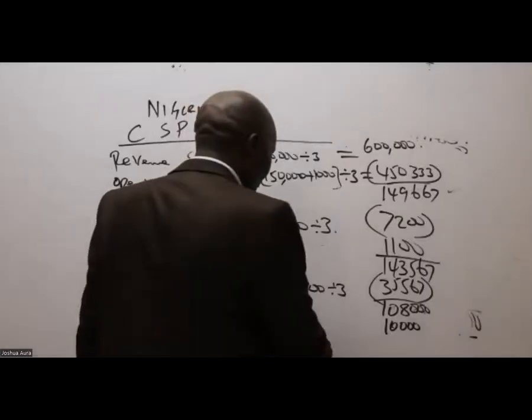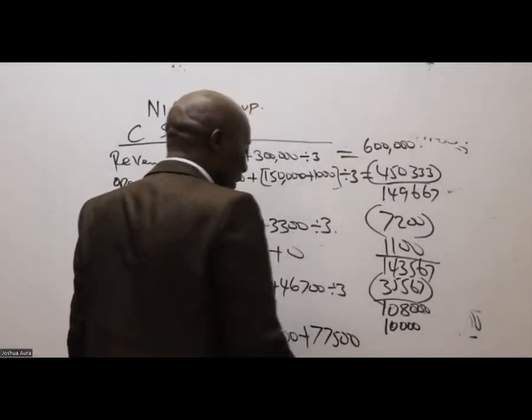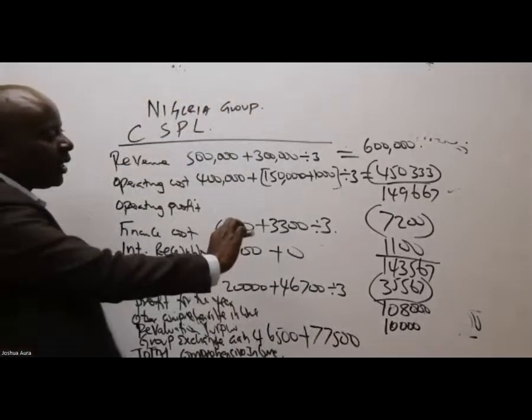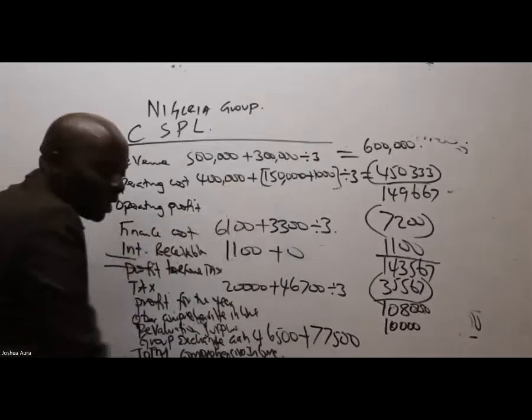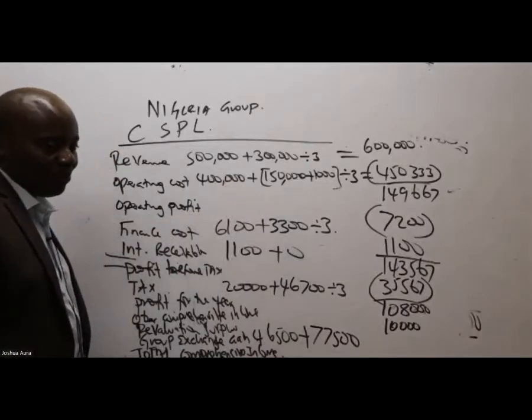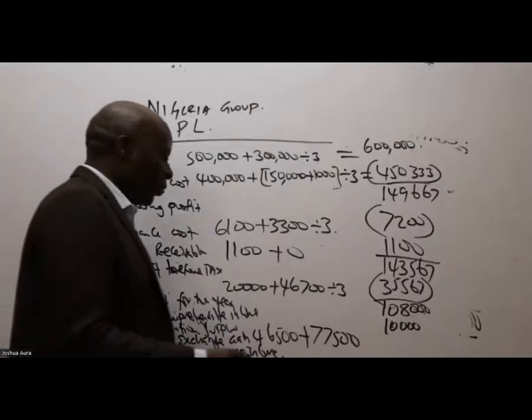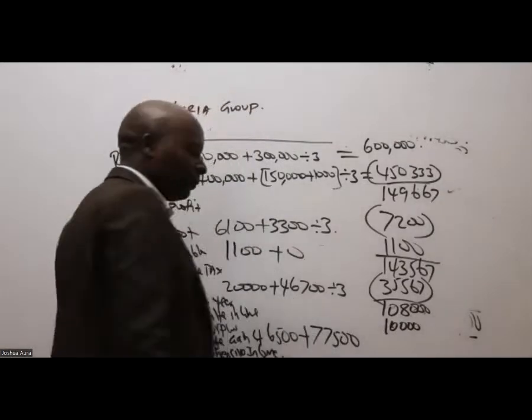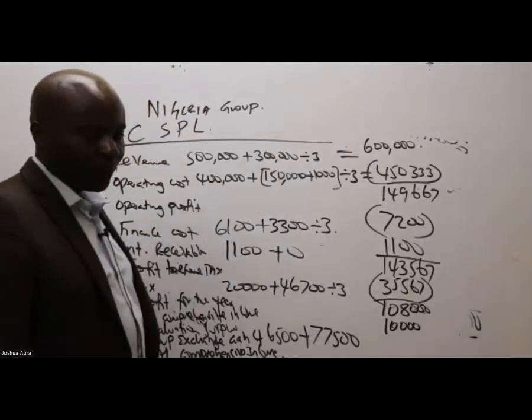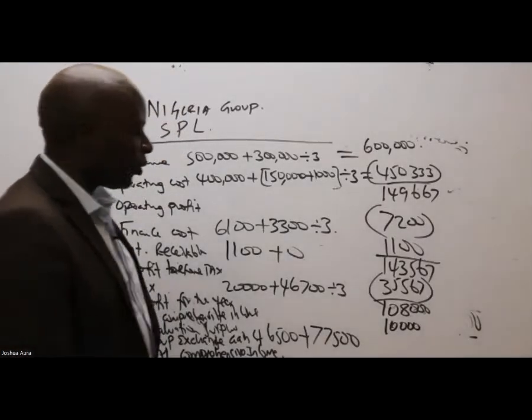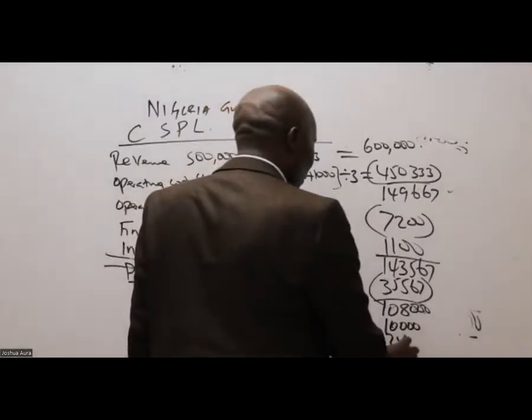I can't remember very well. 77.5, don't share. Here we don't share at all, because sharing normally in the income statement goes down there, and I shall never do that in an exam. So 46,500 plus 77,500, how much do we have here, somebody? 124,000.